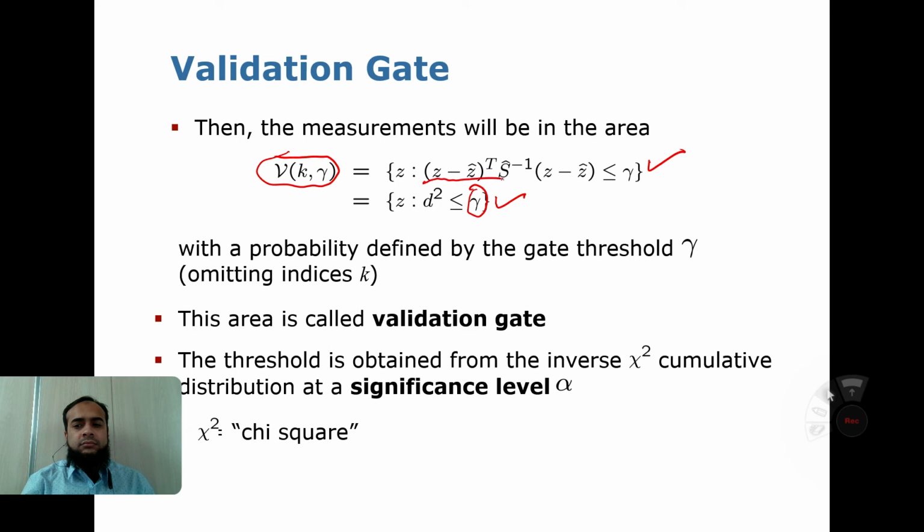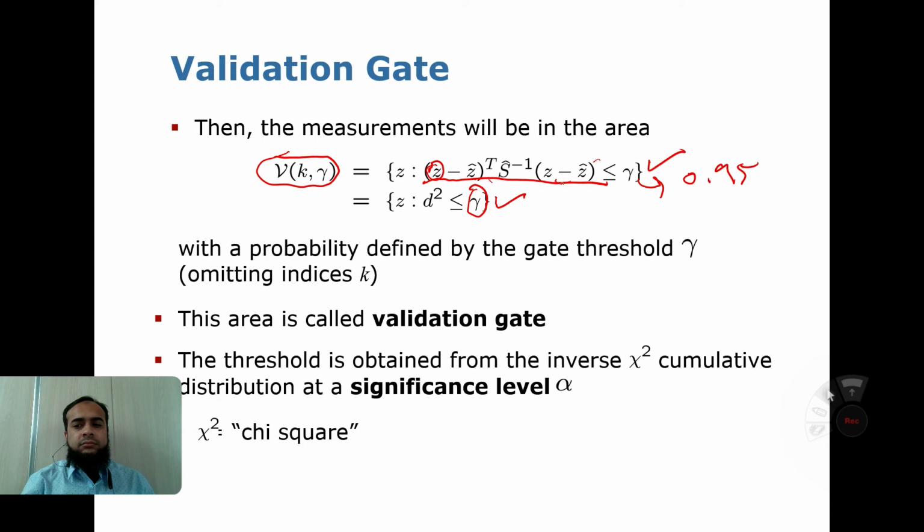The other way is to use this, where z is the observation and z cap is the mean value of the observation, having the covariance S. We first calculate the difference between the observation and the mean value of the observation, with the transpose, and this one without transpose, and if this is less than gamma, for example 0.95, we calculate the distance.